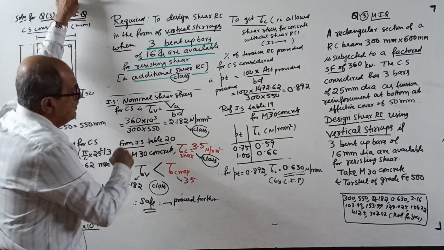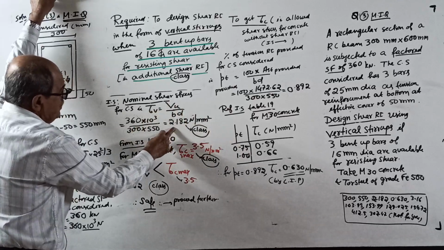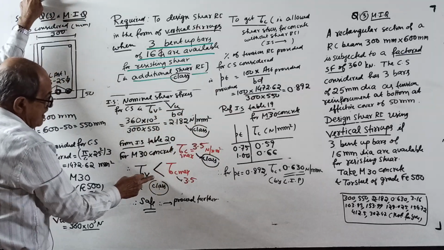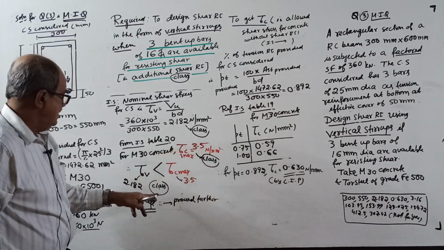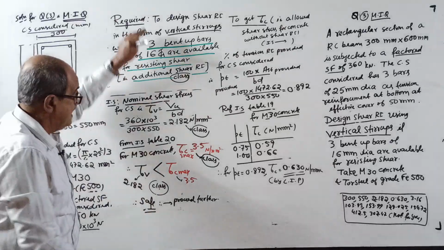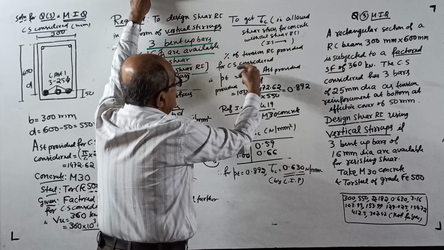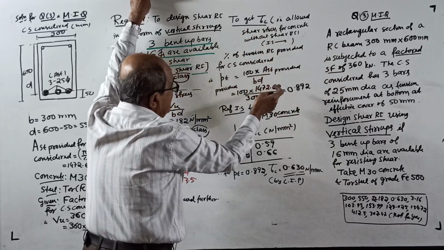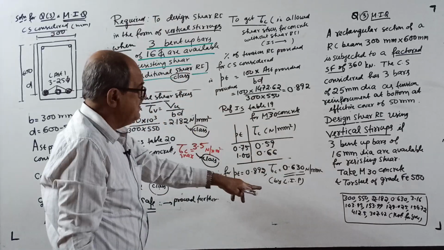First, mechanically as usual, nominal shear stress tau V, Vu by BD, 2.182 will come. M30 concrete, tau C max 3.5, tau V less than tau C maximum, therefore safe. Then to get tau C, the allowed shear stress for concrete without shear reinforcement, same 100 AST by BD, calculate, go to table 19, and you get 0.630.